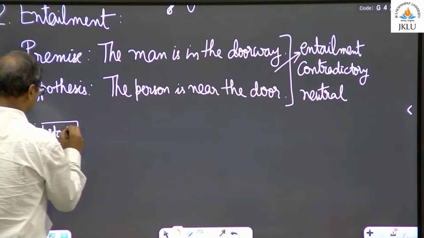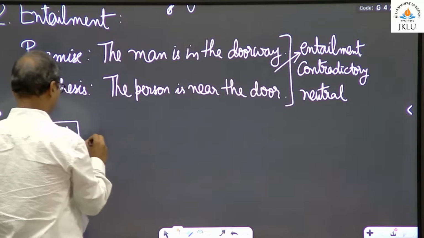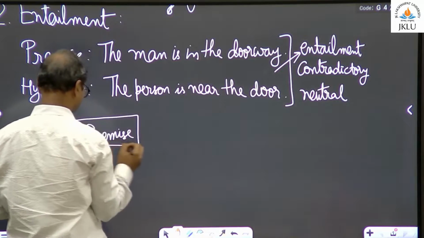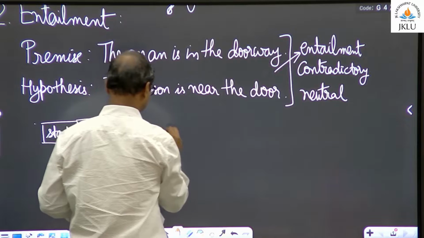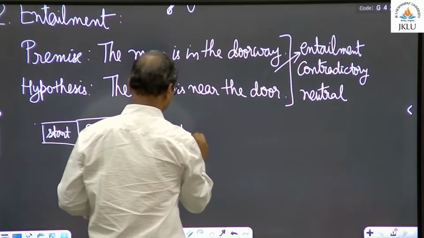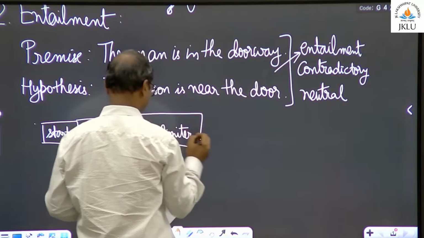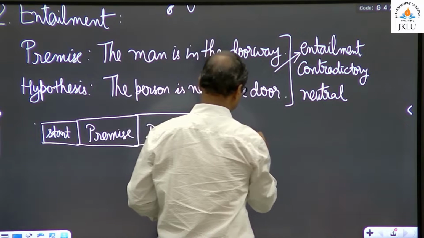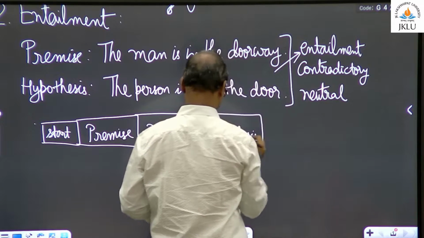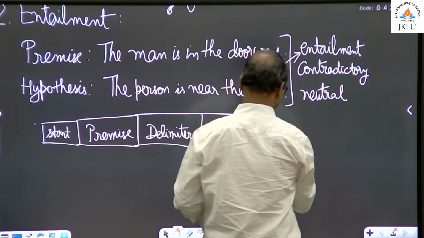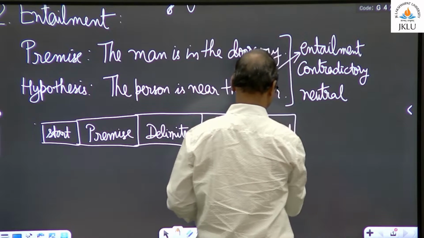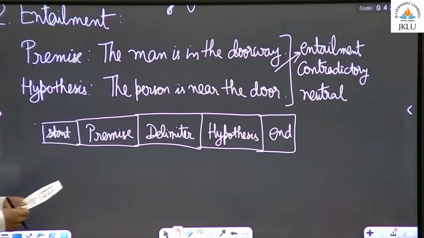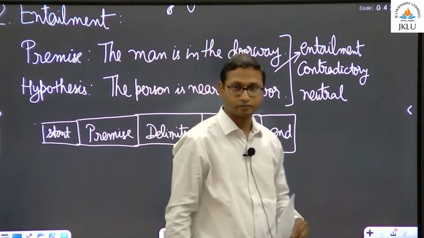Start, this is the token S, and then the premise, and then a delimiter, then you have the hypothesis, then you have, let me call it AND. What are you going to do with this? What is this?